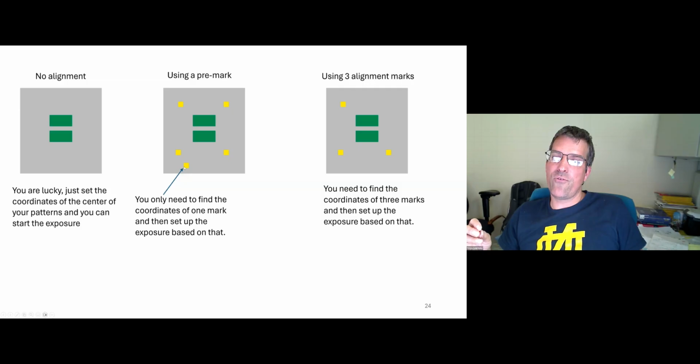So a much better approach is if you use a pre-marker. In that case, you only need to find 1 alignment mark. You tell the system that this is your pre-alignment mark, and then the system automatically knows where to find all the other alignment marks. In that case, you only need to find 1 mark in the alignment microscope and use 1 set of coordinates in the exposure.